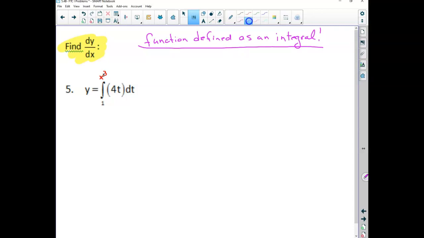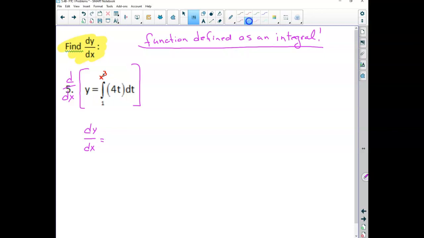You do what's inside first. So I anti-differentiate, then I differentiate. I get right back where I started. So I want to go d/dx. The derivative of y is dy/dx. That equals the derivative of the integral. Well, that's the derivative of the antiderivative.